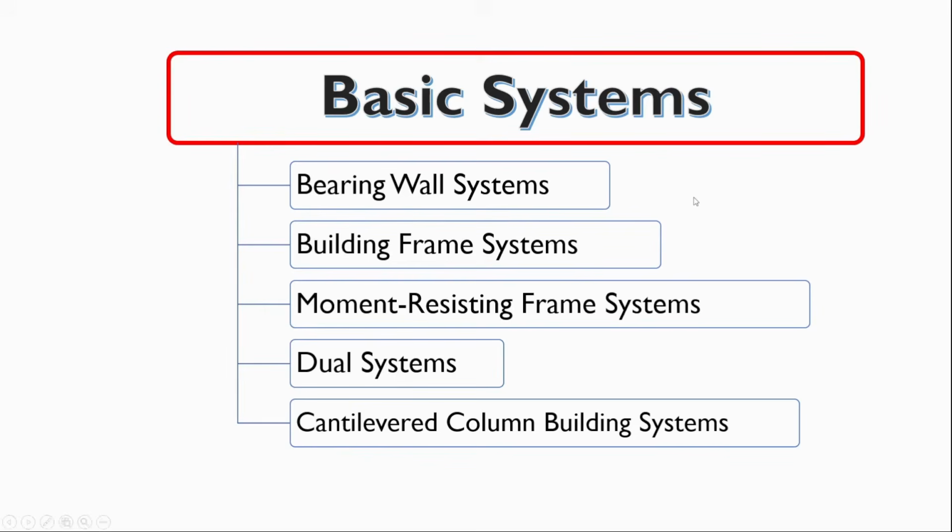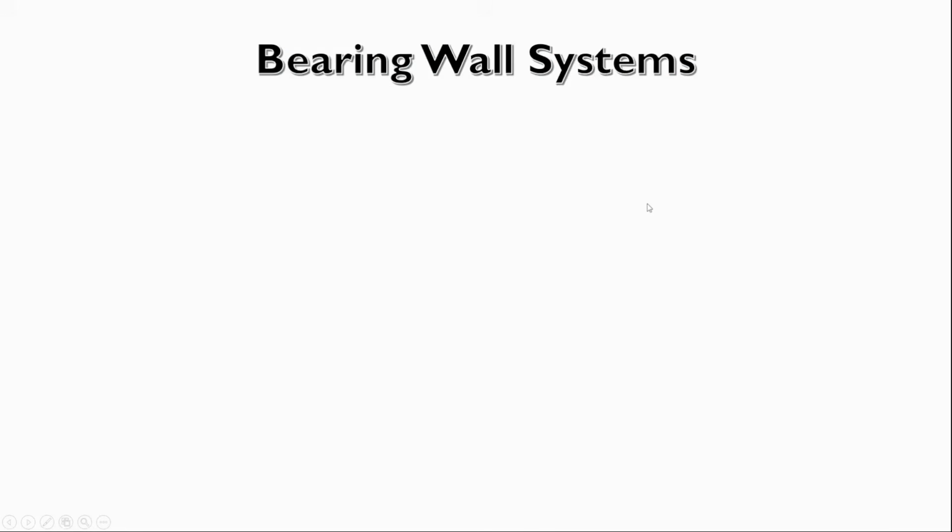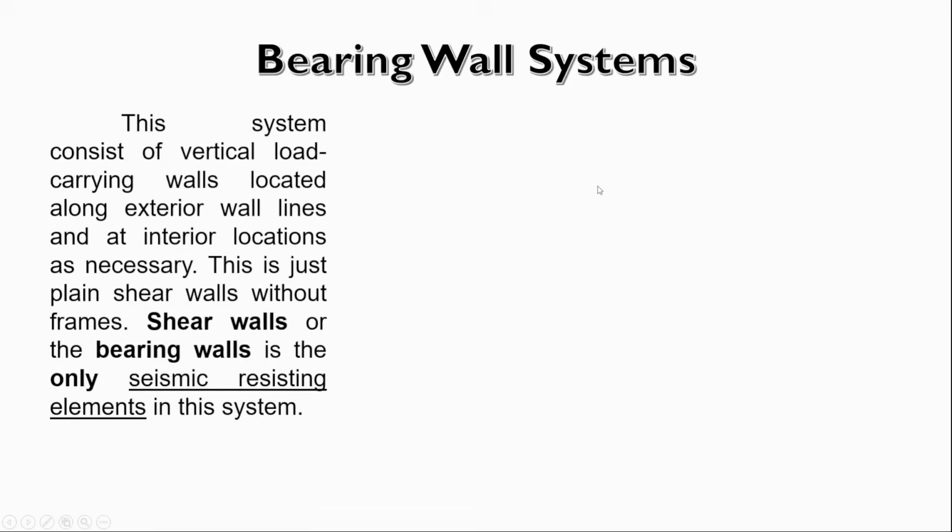Let's start. What is a bearing wall system? From the words bearing wall, the system only consists of walls located along exterior walls, and these walls carry the vertical load, and these walls are also the only seismic resisting elements in the system. In short, bearing wall systems have no frames.